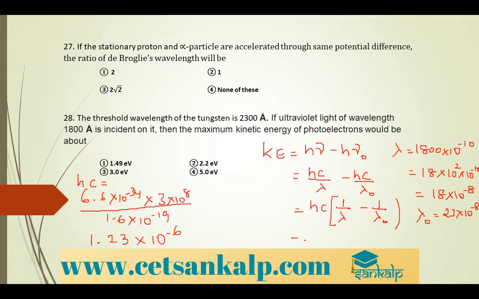I will substitute that here. 1.23 into 10 to the power minus 6, 1 divided by 18 into 10 to the power minus 8 minus 1 divided by 23 into 10 to the power minus 8.